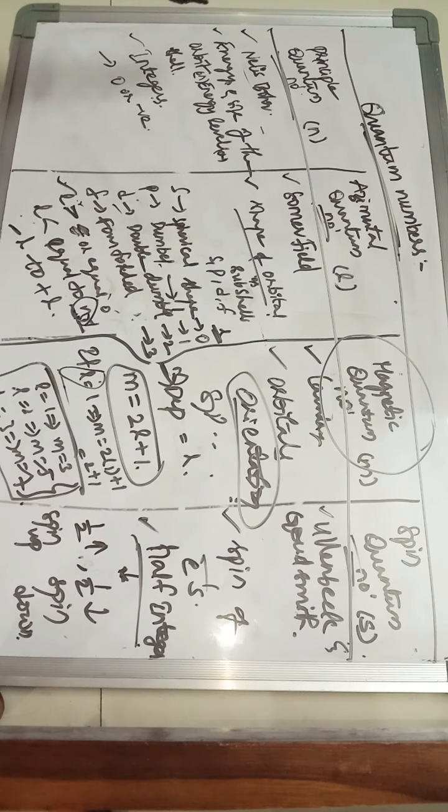The principal quantum number was explained by Niels Bohr, and he explained the orbitals, energy and size of the orbitals or energy levels or the shells.